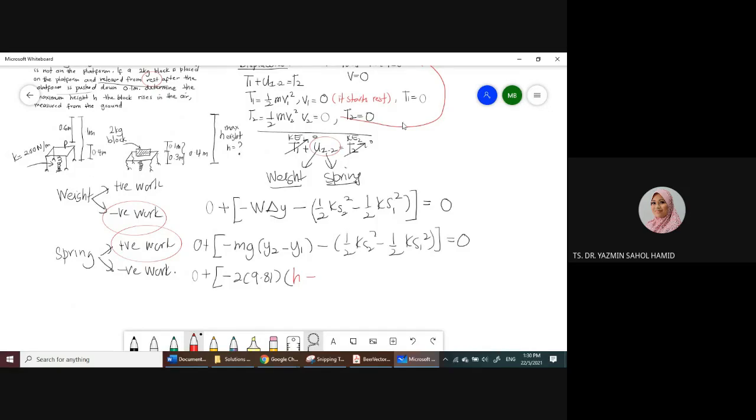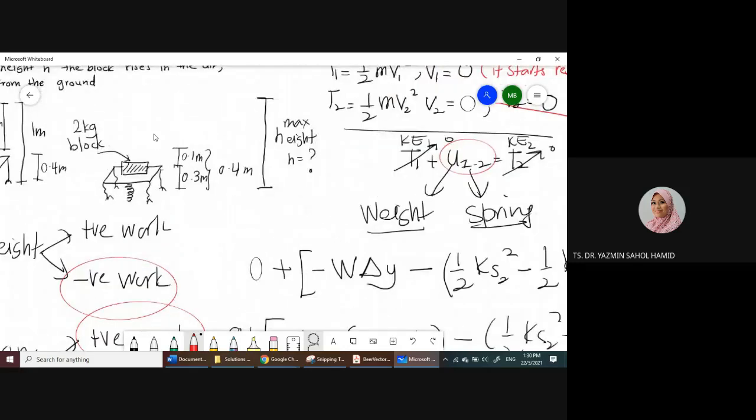Have a look at this diagram. Let me enlarge it. So the maximum height H, this is what we're going to call Y2. Our Y1 will be when there is a weight, so this one will be our Y1.